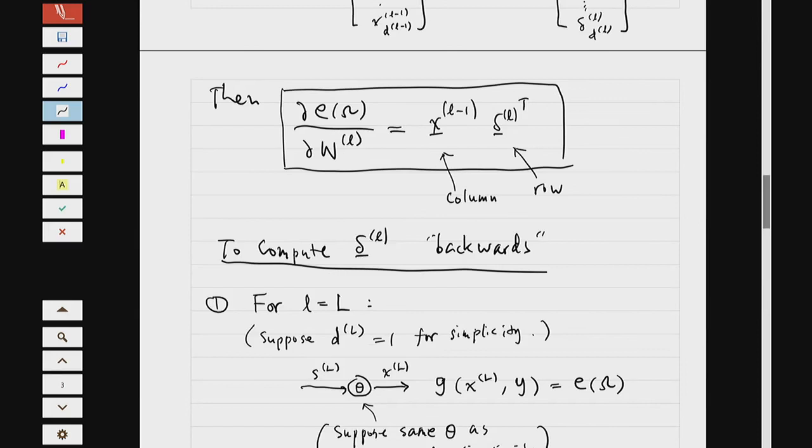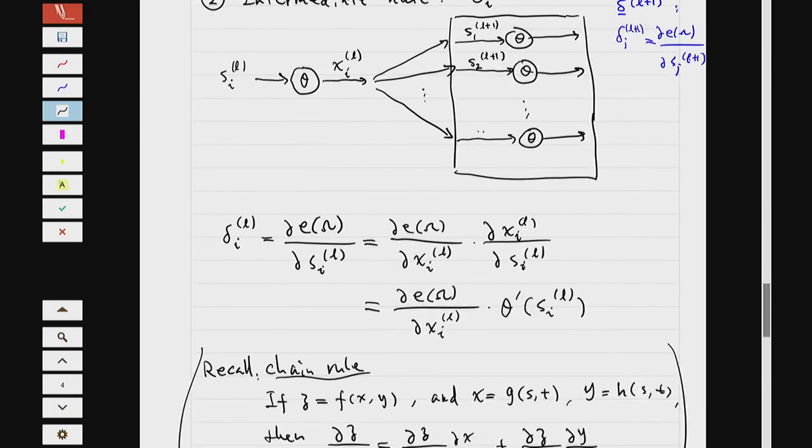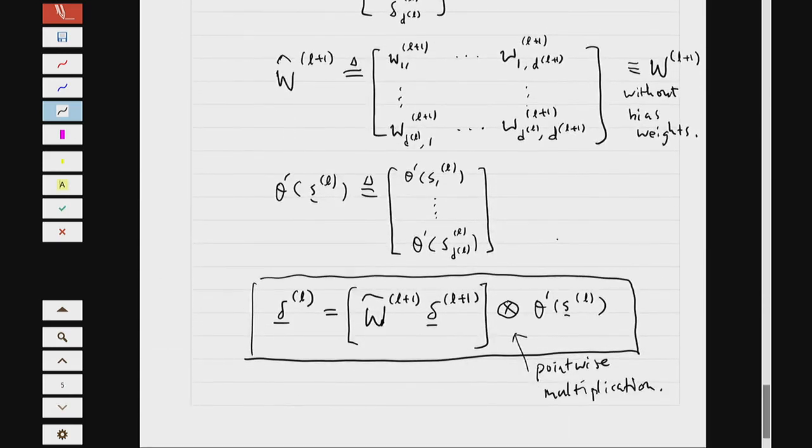We already have x, and now we find a way to calculate delta backwards. Once you have delta, you can plug it in and get the gradient that you want to calculate. So once we know how to calculate delta, we are done, pretty much. This is the famous backpropagation for neural networks, with all of the details.